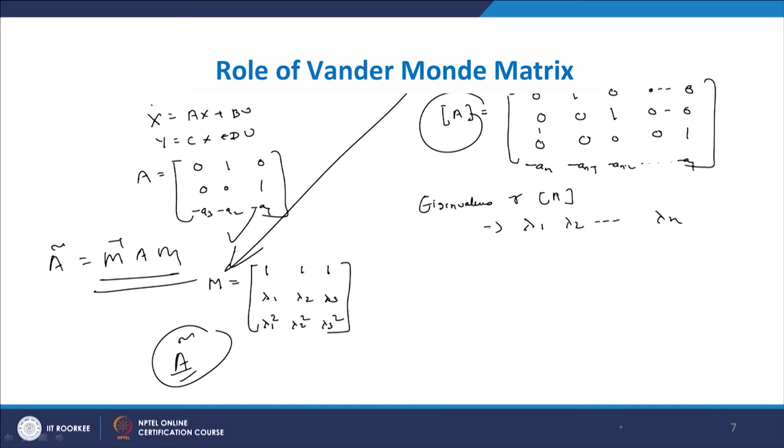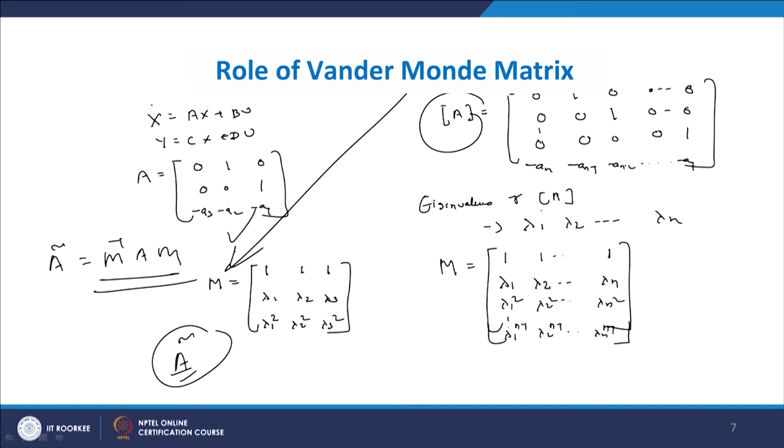In that case the model matrix M is written as: 1 1 1, then lambda 1, lambda 2, lambda n, then lambda 1 square, lambda 2 square, lambda n square, and at the end lambda 1 to the n minus 1, lambda 2 to the n minus 1, up to lambda n to the n minus 1.